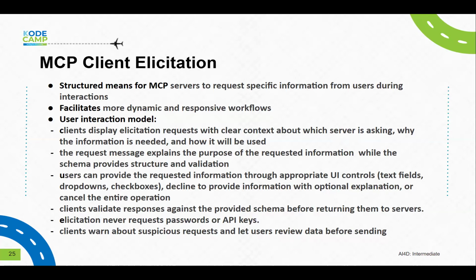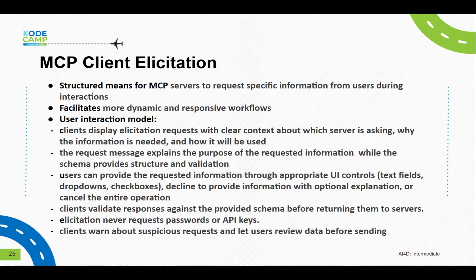If the user is not comfortable with that elicitation request, the user can decide to cancel the entire operation that led to that elicitation request. Now, when the user provides the information, the client validates the information against the schema, and if the validation is successful, returns that information to the server.